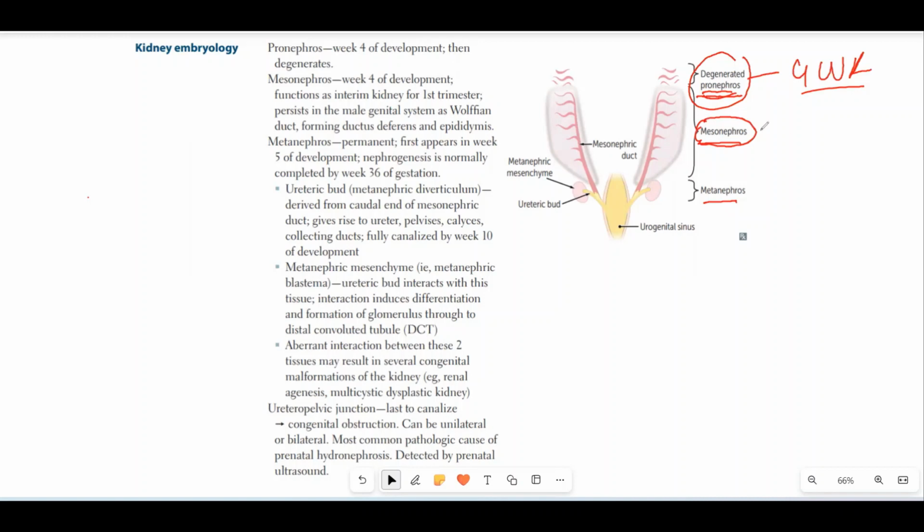So the mesonephros development starts at week 4, and it acts as a kidney up to the first trimester.